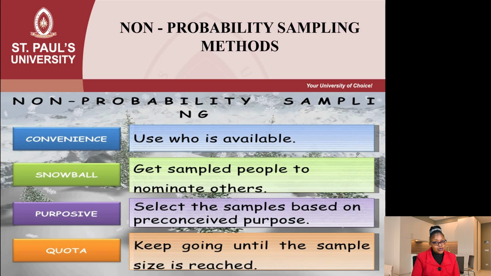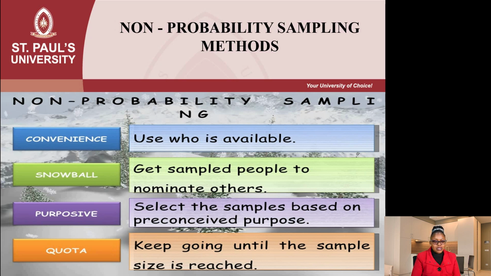Just a summary. Convenience, it's also called accidental. You normally use the person who is available, and we'll be explaining that. For snowball, you get one person who has the information, then they refer you to other people who have the same information. Purposive is normally selected based on preconceived purpose. What exactly do you want?